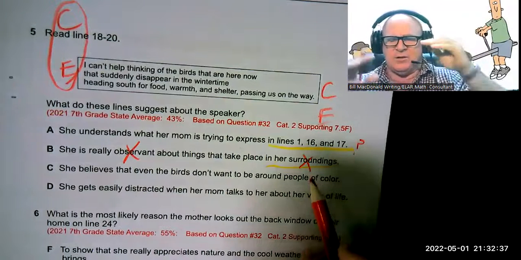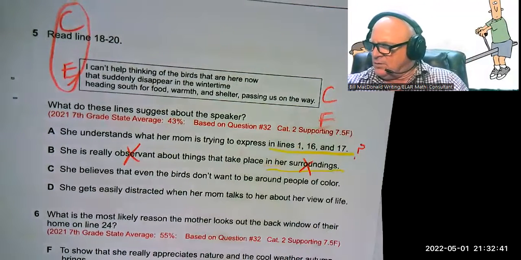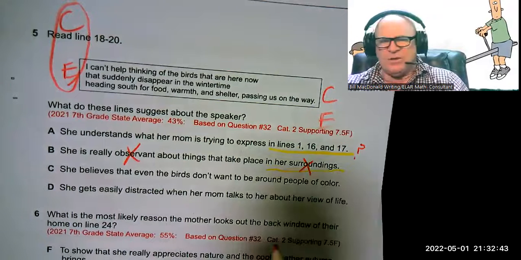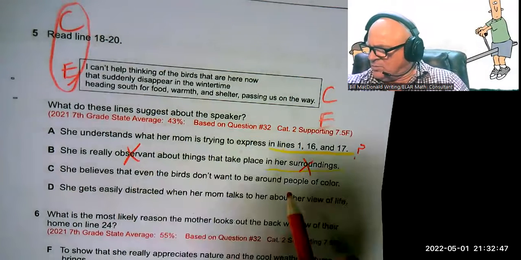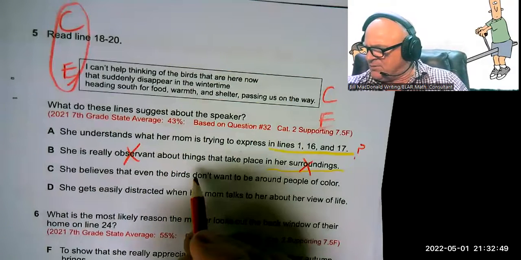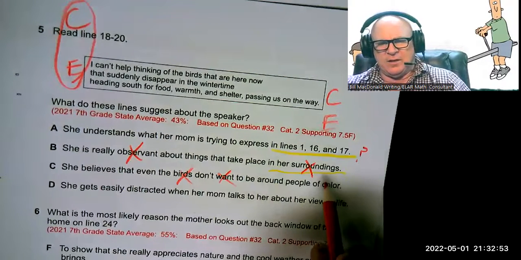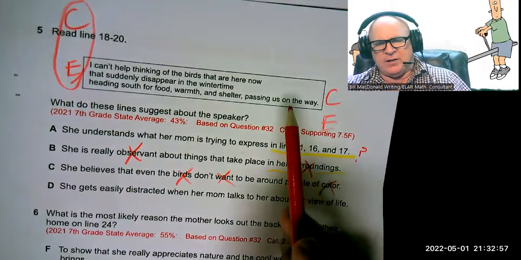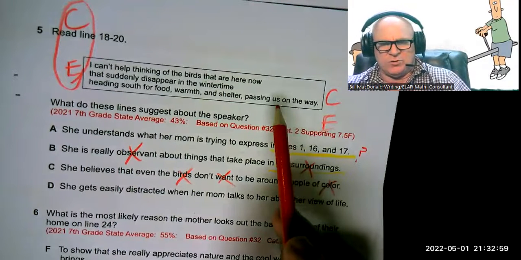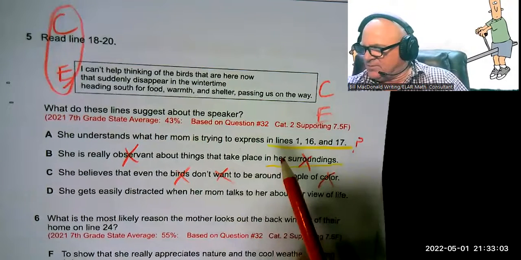Everything has to teeter and totter together to make sense. We're not going to pick that one. She believes that even the birds don't want to what? Be around people of color. It didn't say anything about the birds having an attitude of racism towards people of color. So that wouldn't make sense either.